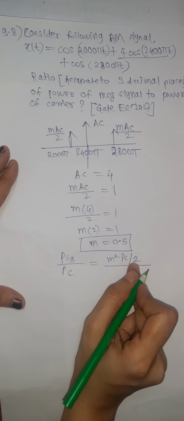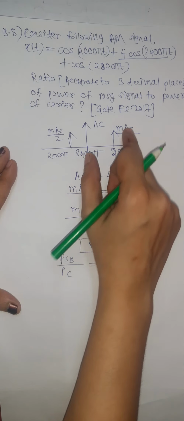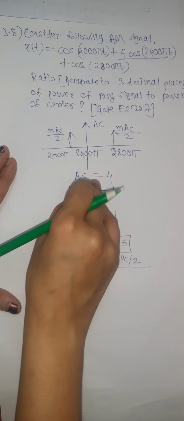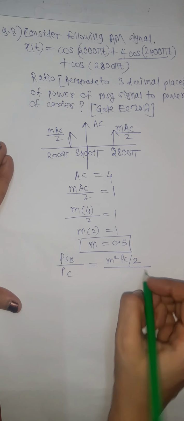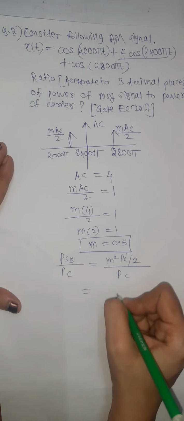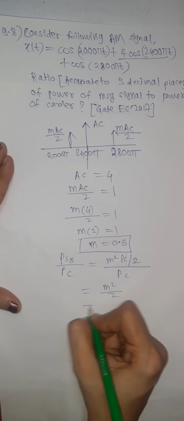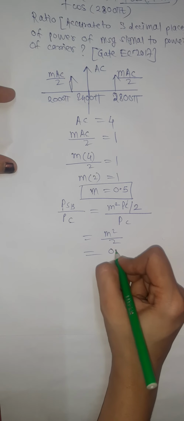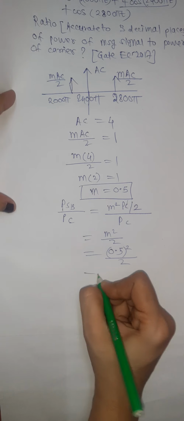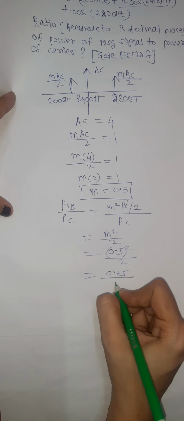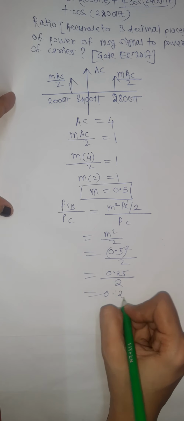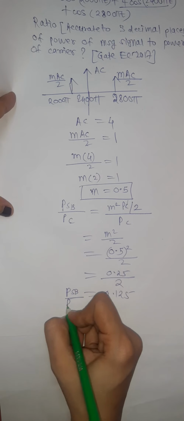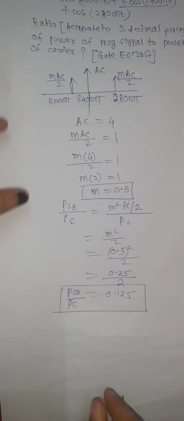The total power present in the sidebands will be M square PC by 4 plus M square PC by 4. After summation we get M square PC by 2, divided by PC. So PC gets cancelled out and we are left with M square by 2. Here M is 0.5. So 0.5 square divided by 2 is 0.25 divided by 2, that is 0.125. 0.125 is the final answer.